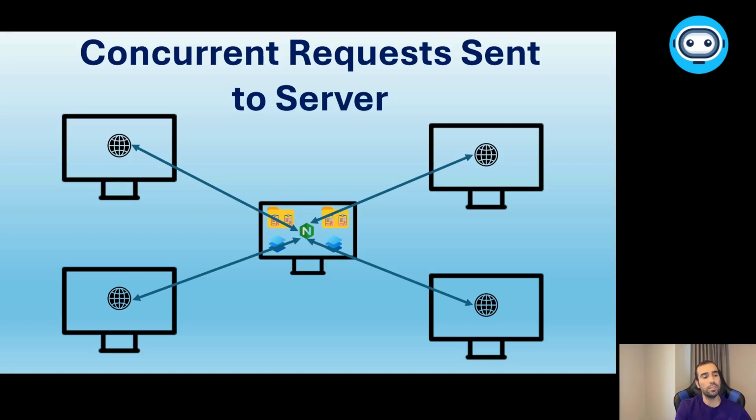So it means that user 1, user 2, user 3, user 4, all of them send concurrent requests to my web server, which is Nginx, and Nginx is now responsible for handling all of these concurrent requests.